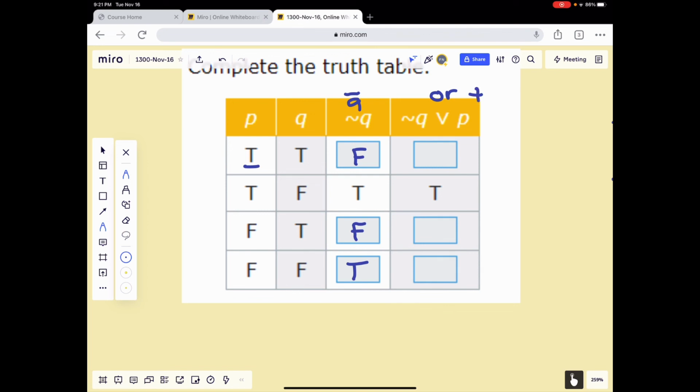Okay, so 1 plus 0 equals 1, that means true. 1 plus 1 equals 1, that means true. And here, F plus F equals F. 0 plus 0 equals 0.